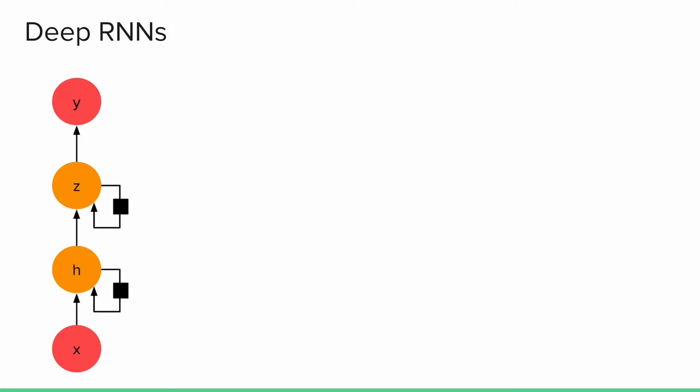So far, transitions have been quite shallow. I mean, we've seen simple matrix multiplications, but there is actually no reason why it shouldn't be a bit more complex. So we can have different models here. The first model would be that we have multiple layers of hidden units. So they influence the future, but also themselves. So we have not just one recurrency here, but we can actually have multiple things here.